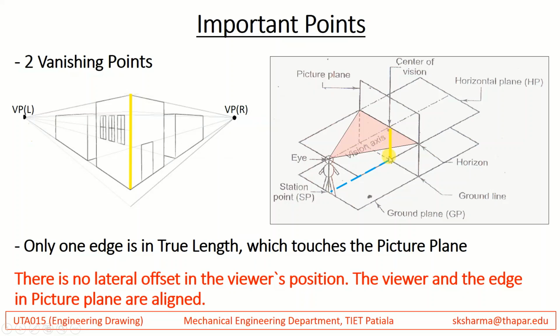Like in case of one-point perspective questions, sometimes it was given that the observer is on the right side or is on the left side. In this case, that information will not be there because the observer will always be standing in alignment with that edge which is touching the picture plane.